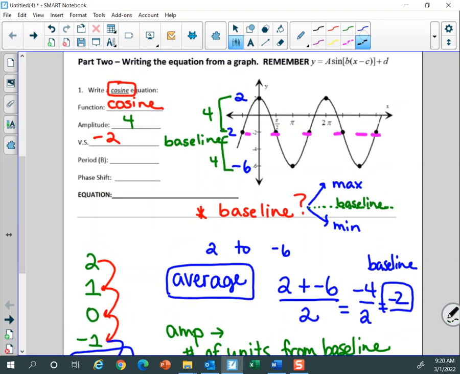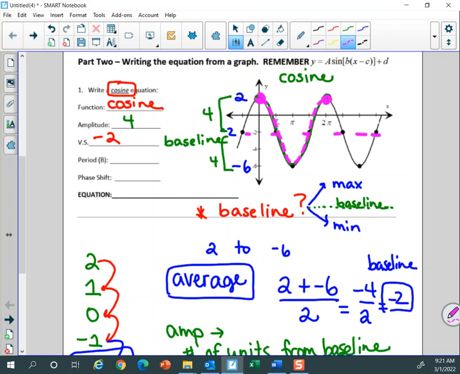Now, if we're going to do a cosine graph, this is the hardest part. You have to think about where a cosine graph starts. A cosine graph starts above the baseline. And so if I was going to highlight a cosine section, it looks like that. It looks like a V-ish kind of shape.